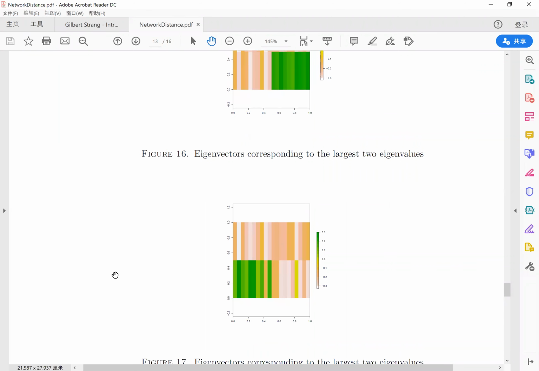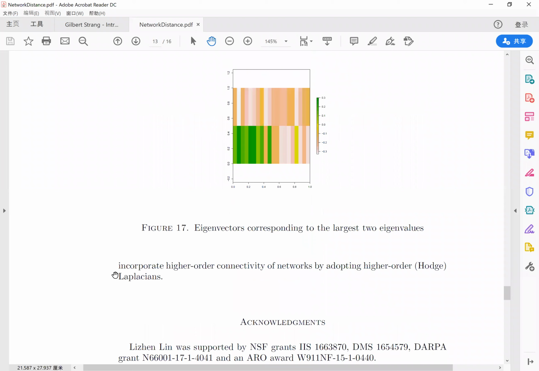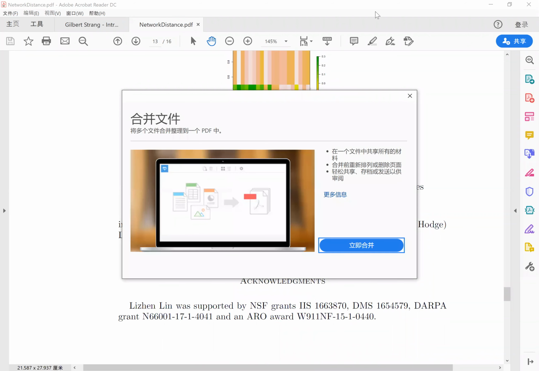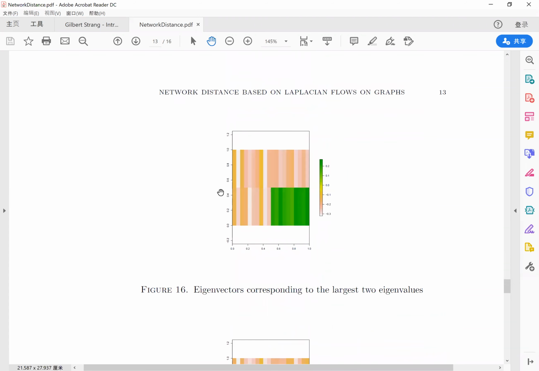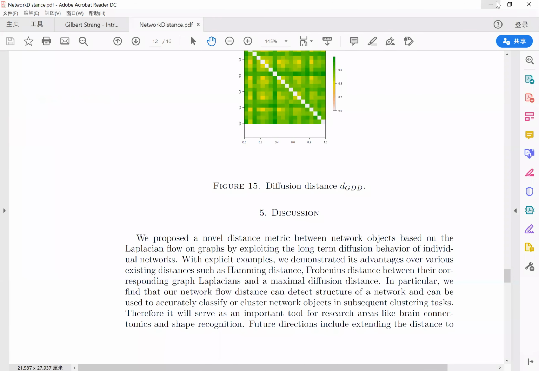So we can classify a lot of objects together and tell objects apart. This is really important in reality, in machine learning. The idea is really easy. It's just linear algebra, not a very fancy thing.